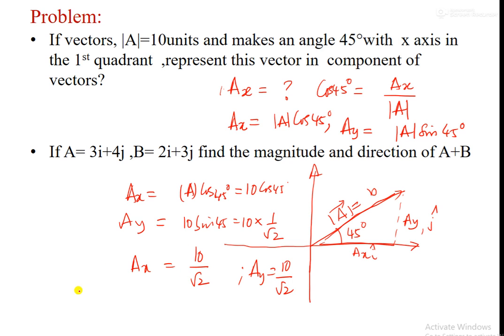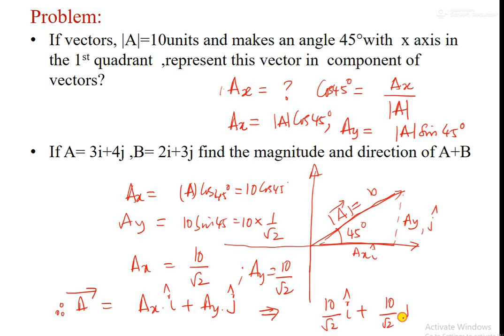In the format, the vector is equal to Ax into i plus Ay into j. So this turns out to be 10 by root 2 into i plus 10 by root 2 into j. So this is how we represent the components if we are given the magnitude and angle of the vector.